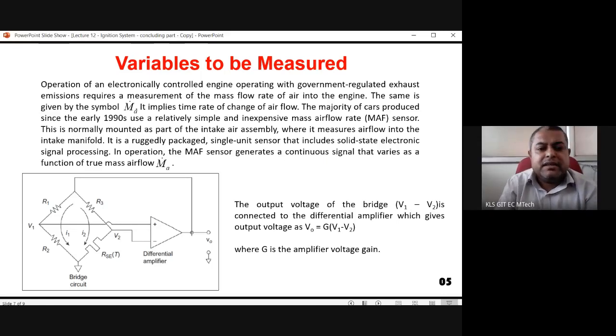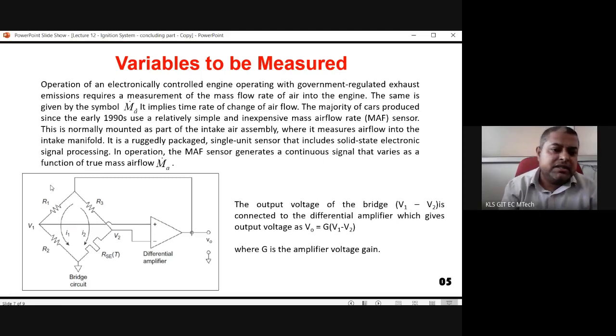It is very strongly packaged, rigidly packaged, a single unit sensor that includes solid state electronic signal processing. So this is an op amp, operational amplifier, which is a solid state device. Whatever is the difference between V1 and V2 is actually amplified by this differential amplifier. So this is not the actual circuit which is given, this is just a symbolic representation.